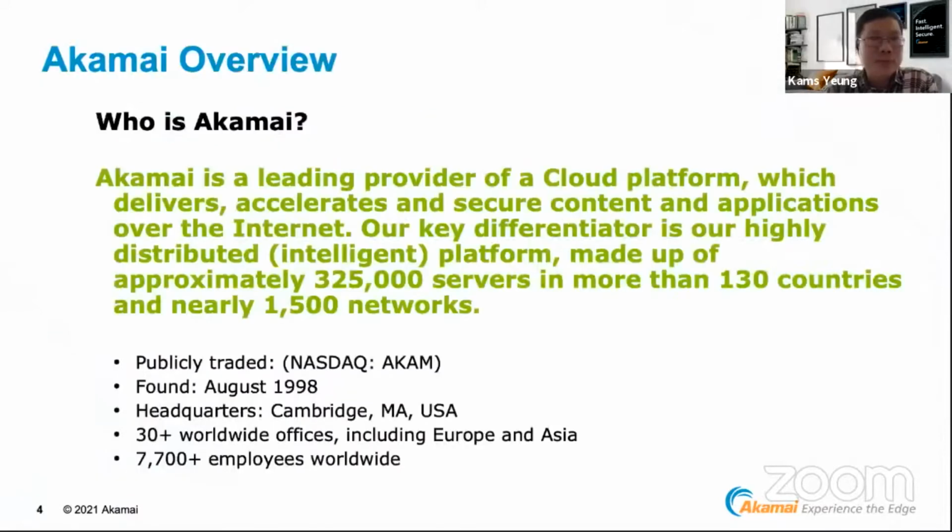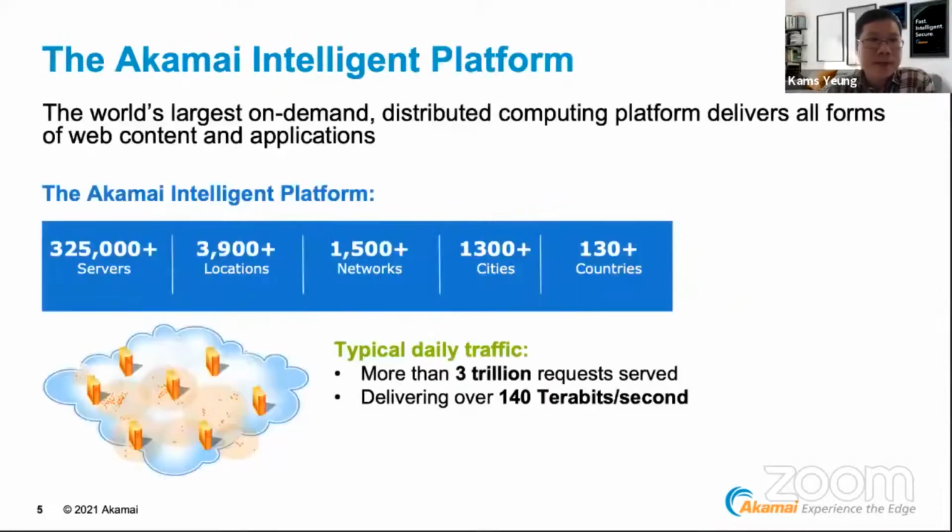So first, who is Akamai? Just in case you don't know, we are a leading provider of a cloud platform. We deliver a lot of content to end users, and we also do a lot of application acceleration and security, etc. And we do that because we have the Akamai Intelligent Platform, which is a very distributed platform with a lot of servers worldwide.